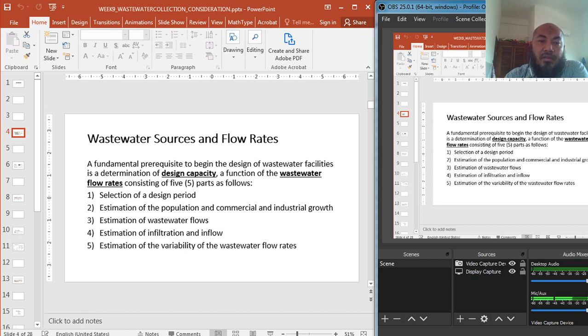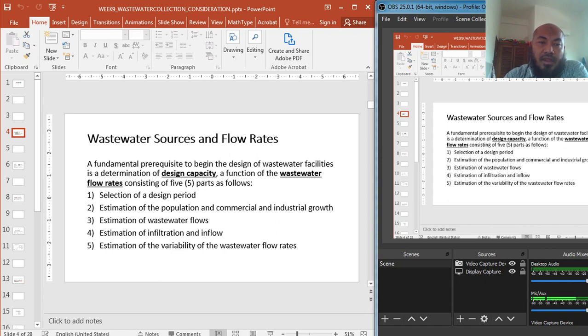Inflow is additional surface runoff coming into the system, especially through manholes. And number five is the estimation of variability of the wastewater flow rate.